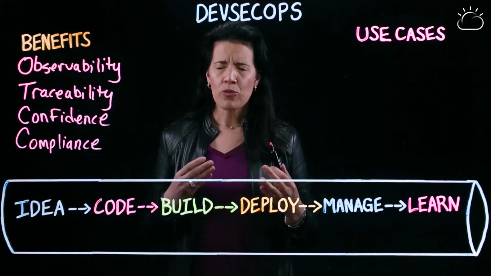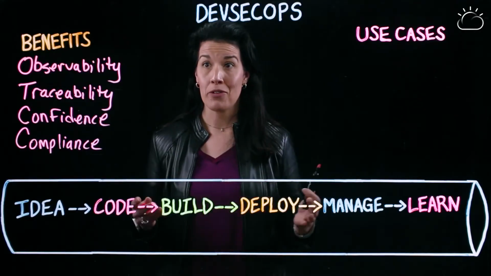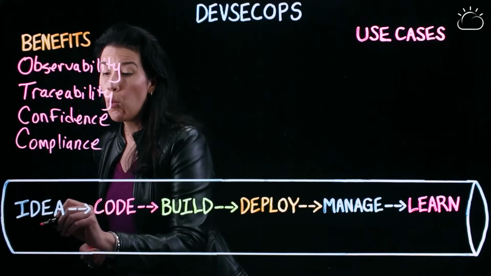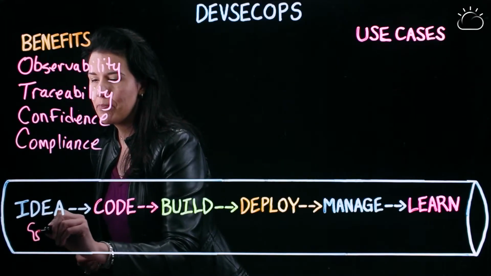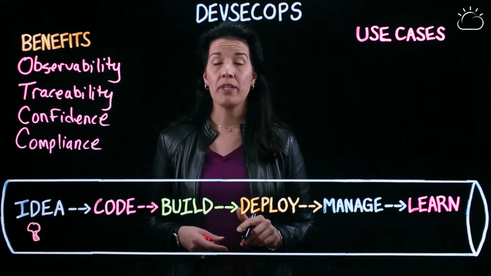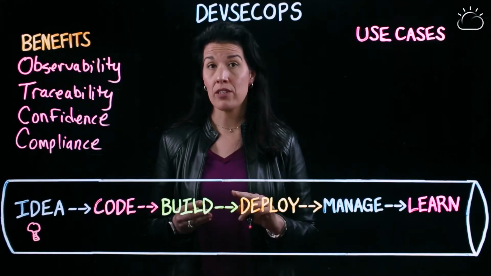DevSecOps can really involve a lot of different activities in the supply chain or this pipeline. Part of those are things like well-formed user stories over here. These user stories have to be the appropriate size, well-formed, and be understandable by the development team.